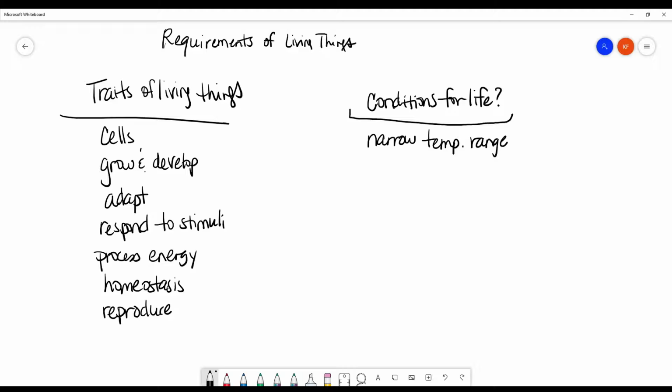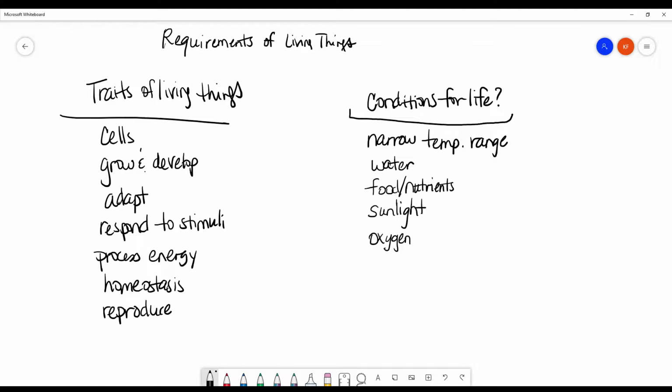All right, what else did you have on your list other than narrow temperature range? We also need water. We need food. We need sunlight. So many horror movies about people that had to live in places with no sunlight. Oxygen, that's an important one. In food, I should put nutrients. It doesn't always have to look like food.